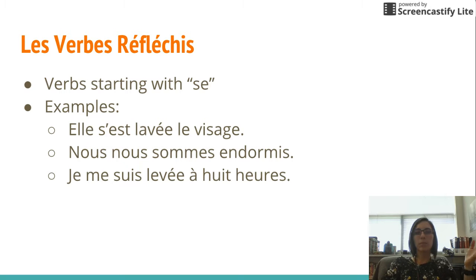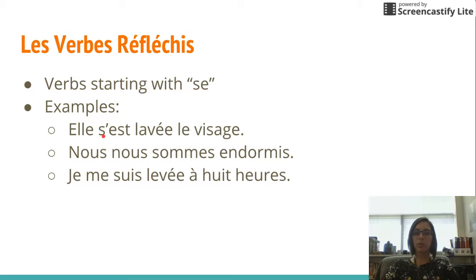Then we have our Verbes Réfléchis. If you remember, these are the verbs starting with se in their infinitive. Some examples: elle s'est lavé le visage. Nous nous sommes endormis. Je me suis levée à 8h. She washed her face. We fell asleep. I woke up at 8 o'clock. So you'll see for all of these reflexive verbs, because they're reflexive, you need to change your se to the appropriate subject or reflexive pronoun according to the subject.